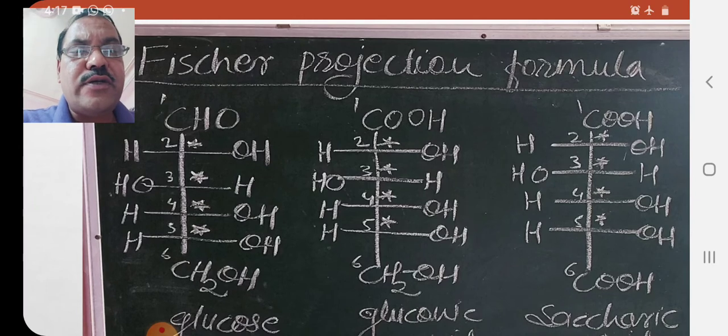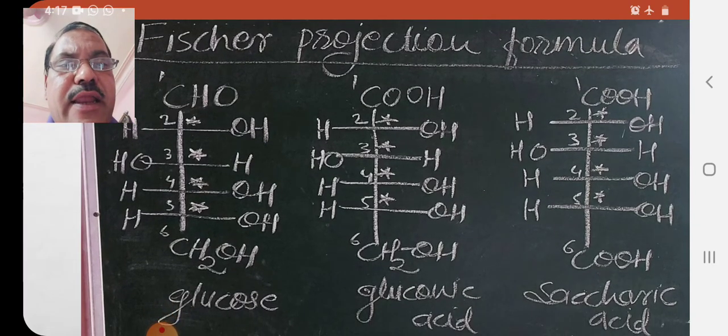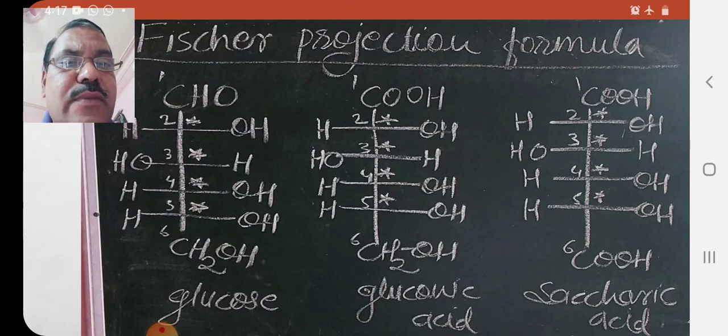Out of the 4 CHOH groups, the third carbon atom contains the OH group on the left side and hydrogen on the right side, whereas the second, fourth and fifth carbons contain hydrogen on the left side and OH group on the right side. The first carbon forms the CHO group, that is the aldehyde group, and the sixth carbon is the primary alcoholic group, that is the CH2OH group. So this is called Fischer's projection formula of glucose.